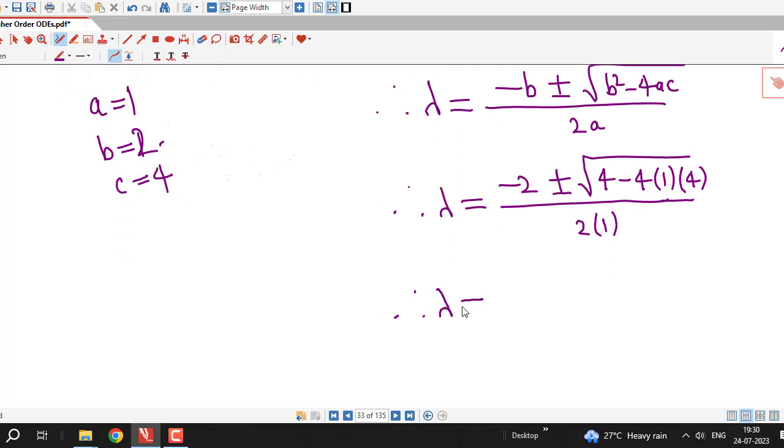Therefore lambda equal to minus 2 plus or minus, this I can rewrite as 4 minus 16, and that is minus 12, divided by 2.